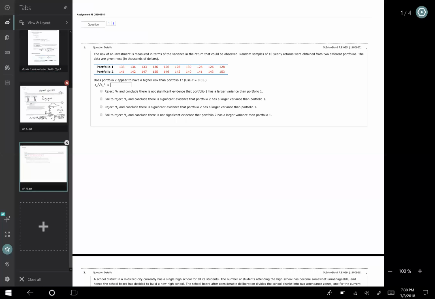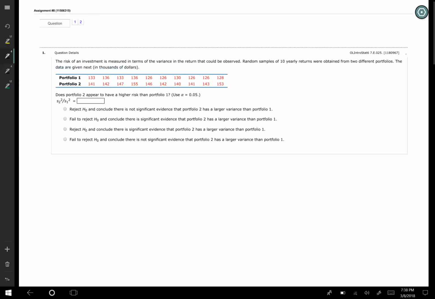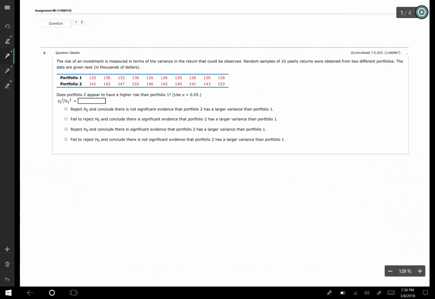But that wasn't what my notes said, and I did it, and I got the right answer. I was just wondering why they did that. Good question. Did you compute S1? Yes, I got 3.35.